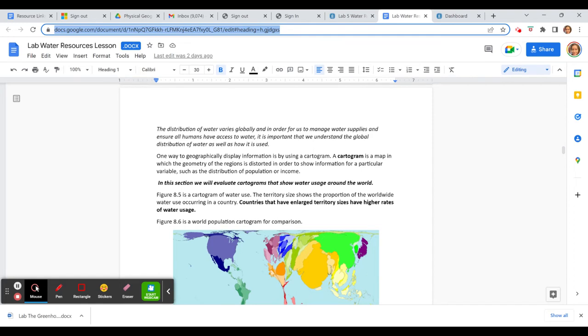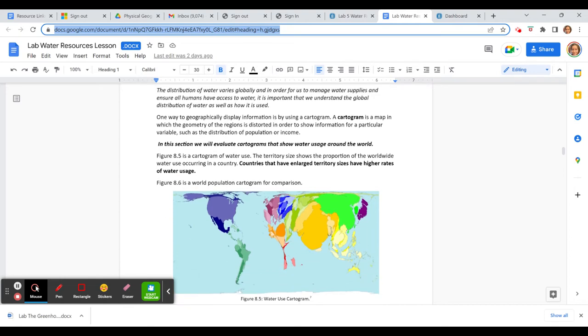So the distribution of water varies globally, and in order for us to manage our water supplies, it is important we understand how this water is used.